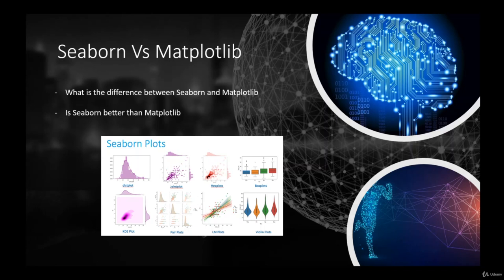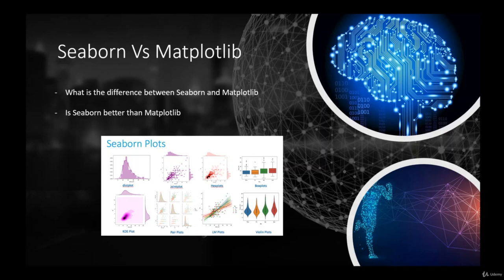Seaborn is like a better version of Matplotlib, if we can say it this way. Seaborn is just a higher level API version of Matplotlib with some different parameters. Also, Seaborn comes with numerous customized themes and a high-level interface.